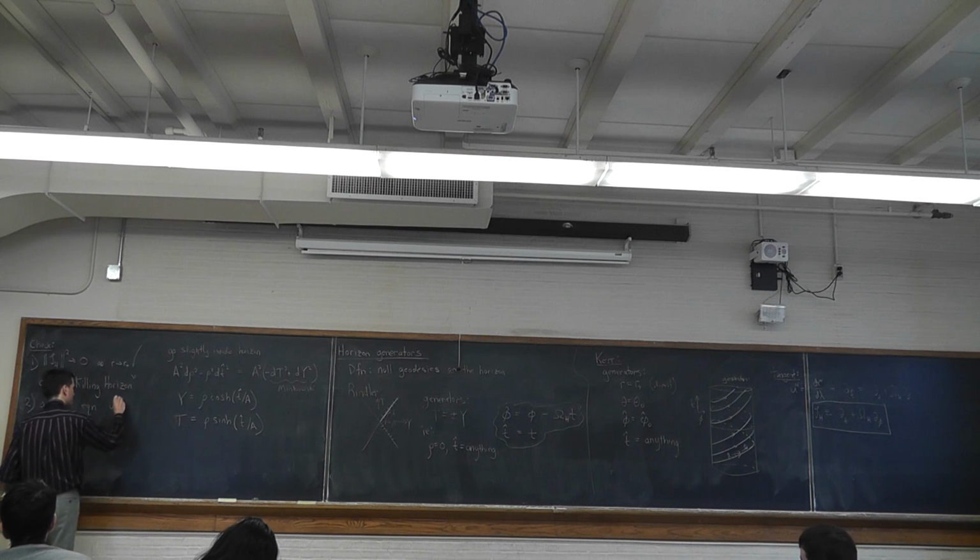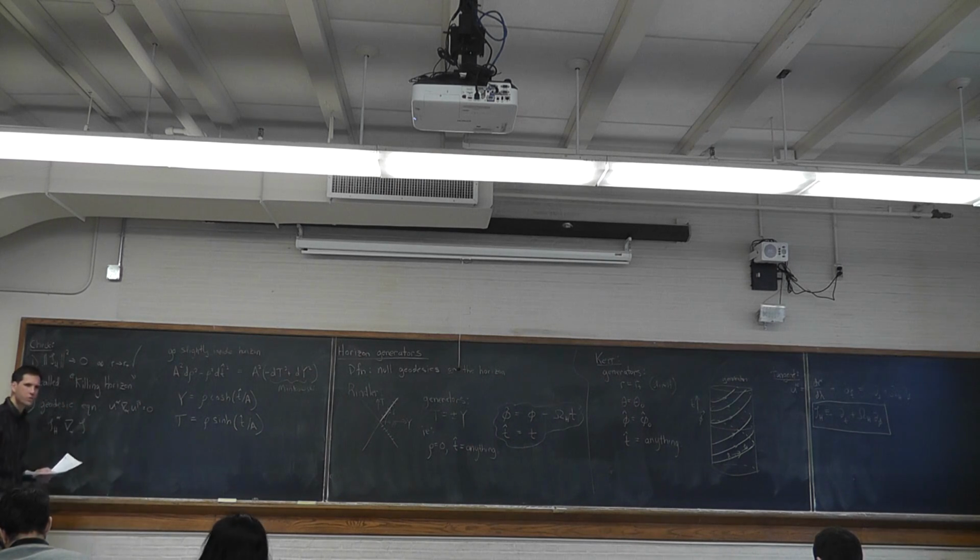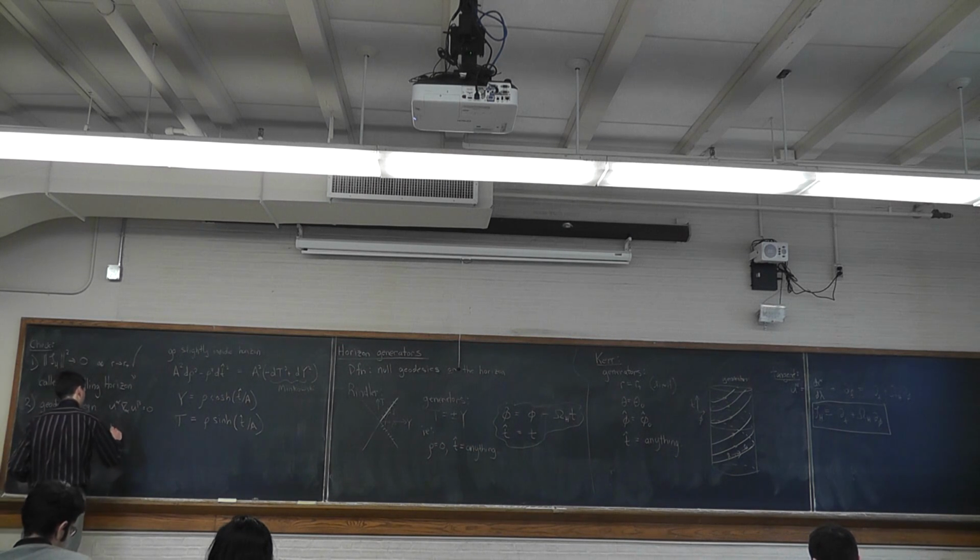Well, usually the geodesic equation is u alpha grad alpha u beta equals 0. But if you actually go and calculate that for this zeta vector, that's not what you get. You get some number kappa times zeta beta.